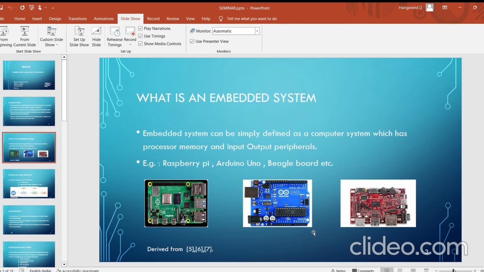As I said earlier, an embedded system can be simply defined as a computer system which has a processor, memory, input and output peripherals. The examples are shown below. These are not really embedded systems. These are development modes which are integrated for us to do a specific task for a specific period of time.